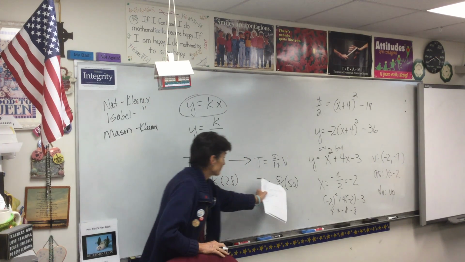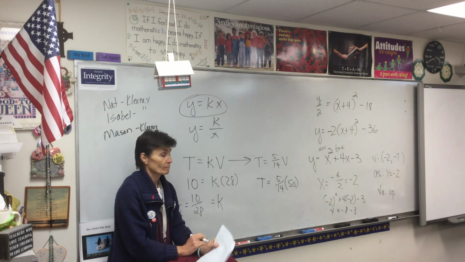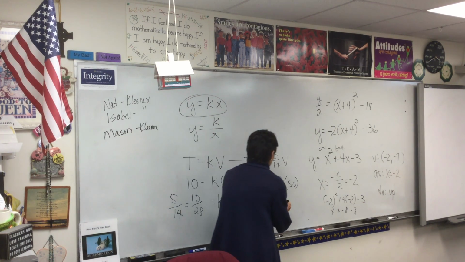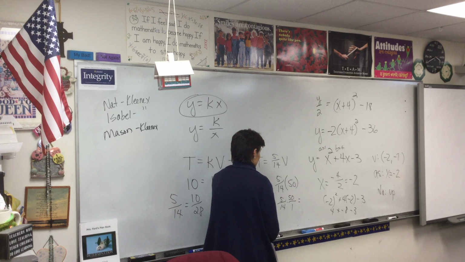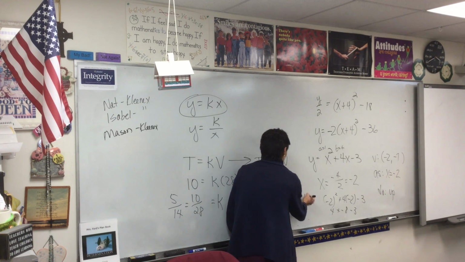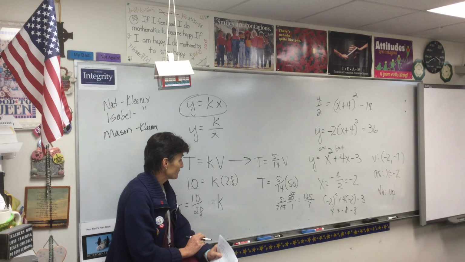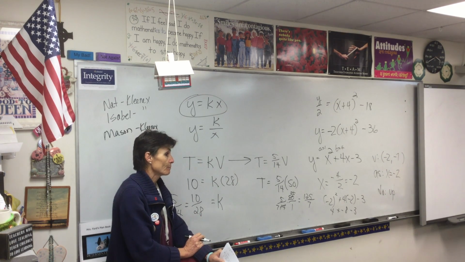So I just plug in 50 for V. So I have 5/14 times 50 over 1, which would reduce to 125 over 7. It was 250 over 14, but it would be 125 over 7.